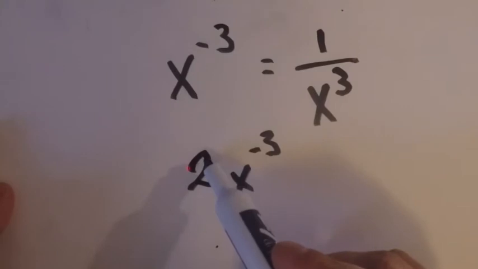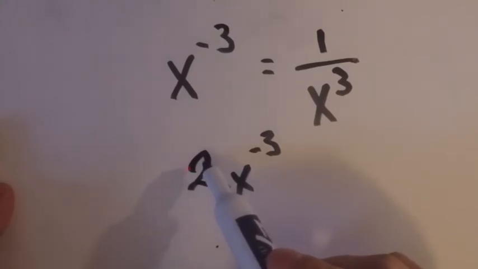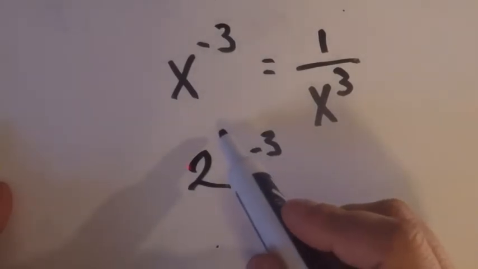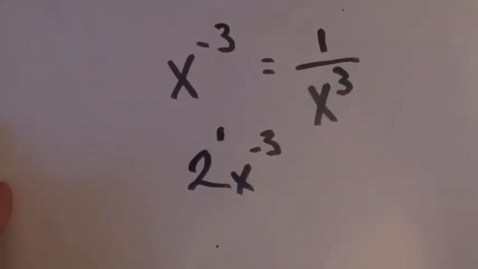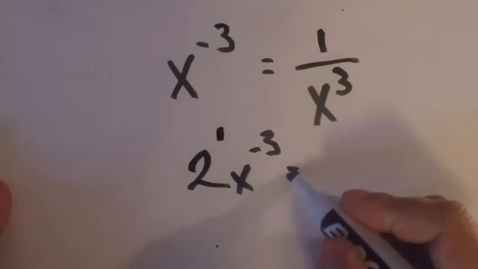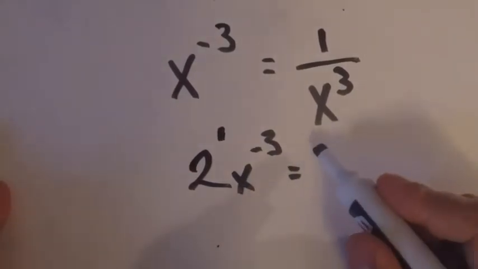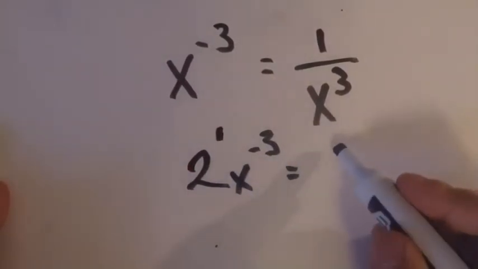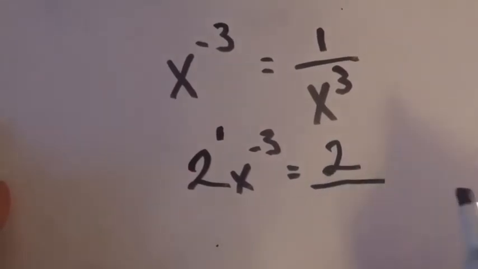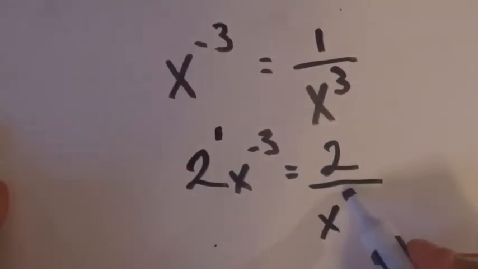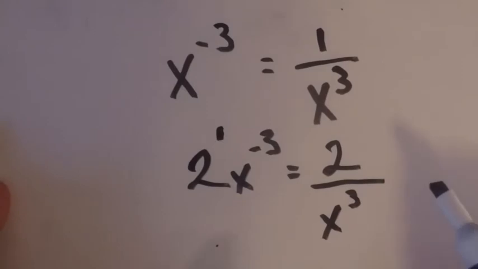This 2 is its own coefficient out here that doesn't have any negative exponent. The exponent for our 2 is a 1. So if we wanted to write this with positive exponents, the 2 would not change where it is. So it'd be 2 divided by x to the positive third. So negative exponents can be a little tricky, but the key is you move them to the bottom, or the denominator, and then they become positive there.